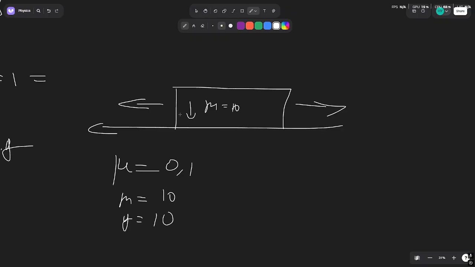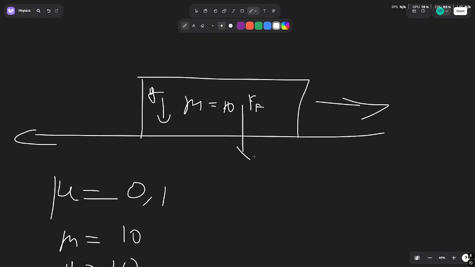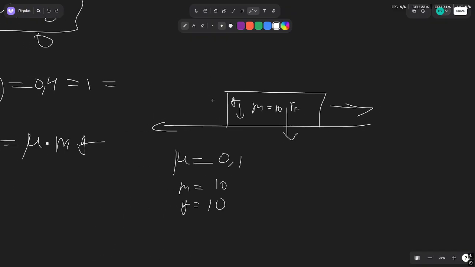We have a force moving downwards, like g, and the total force opposing the motion will be the force of friction. This one is only abstract. We don't do this, this is just to show you how it works. This is only the opposite force to the force applied to the object. So basically, the friction force is this, and it interrupts the object from moving.